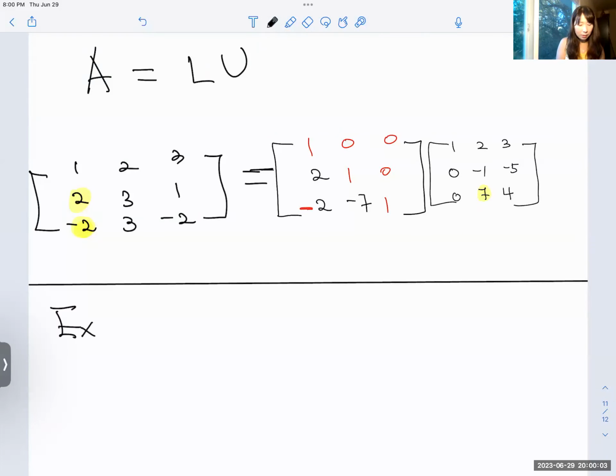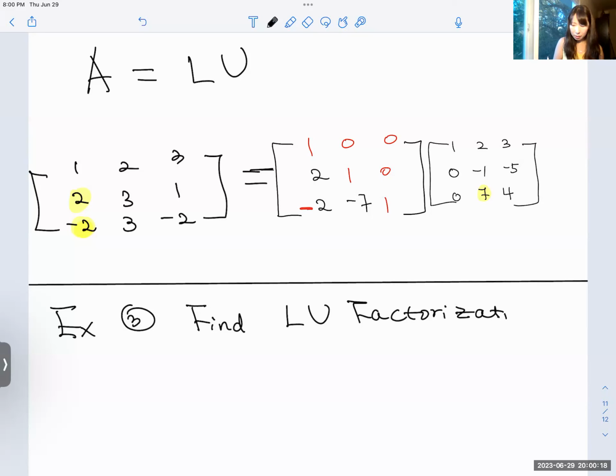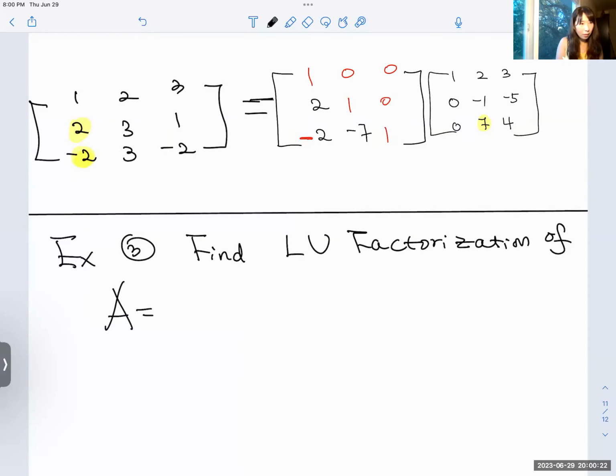All right, so find the LU factorization of 6, 9, 3, negative 2, negative 1, 7, 0, 1, 5.